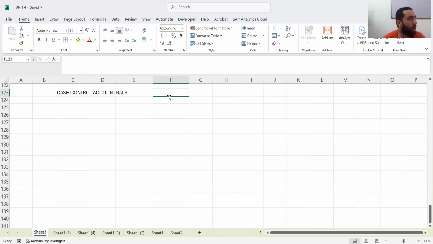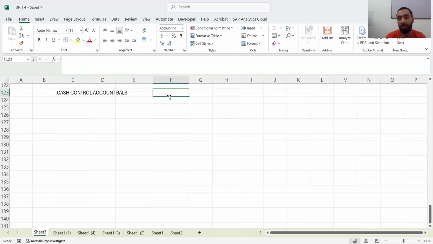The cash control account is a credit balance, whether it is favorable or unfavorable. Well, I need answers from Ashini and Rizma.